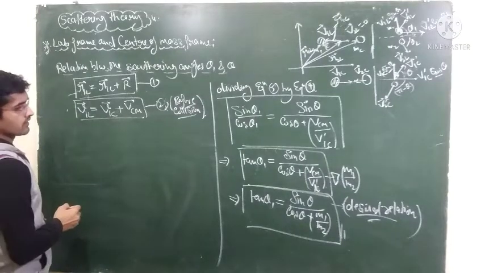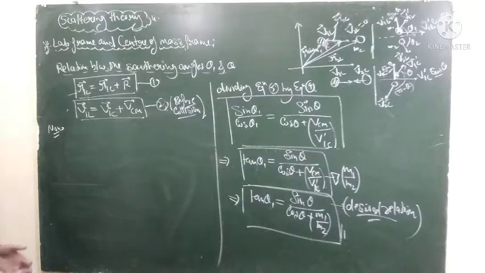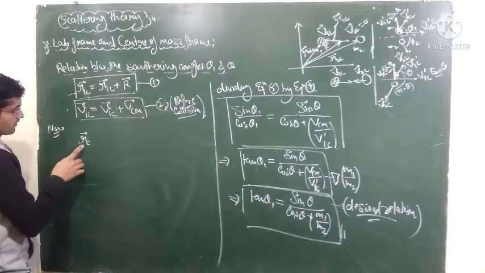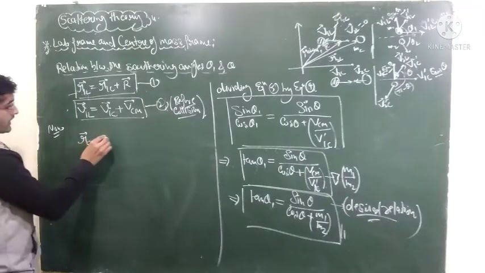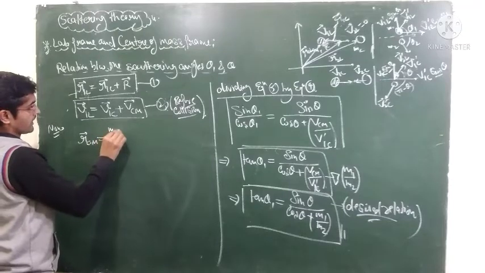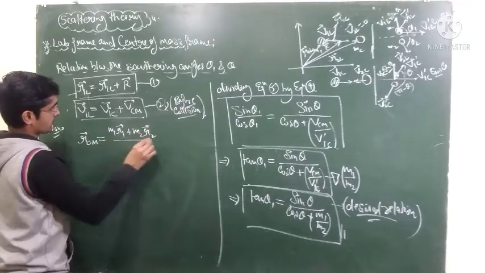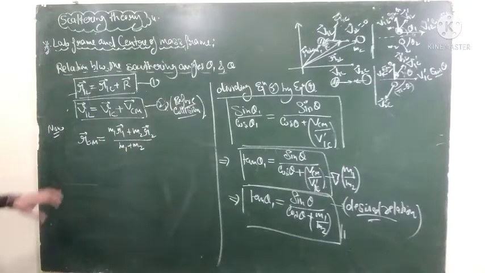Okay. So now, as you have studied in your school physics, the position of center of mass can be calculated as m1 r1 plus m2 r2 divided by m1 plus m2. So this is the definition that you have studied in your school physics. So I'll not give the reason why it is so, right?